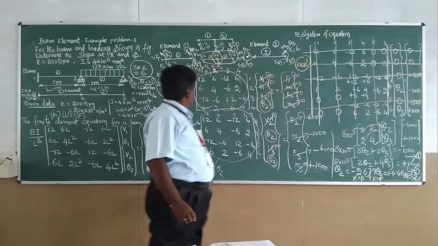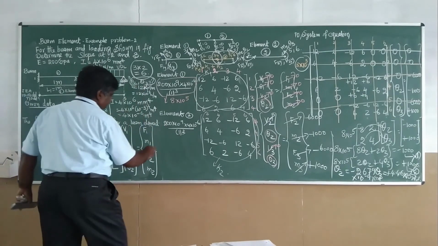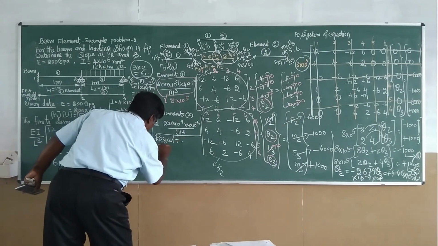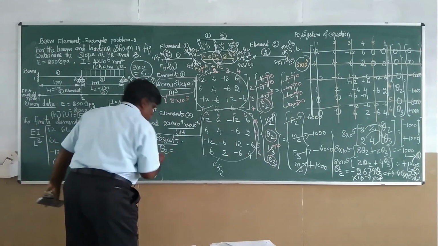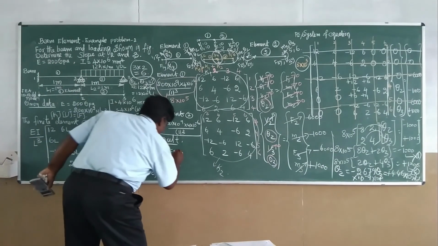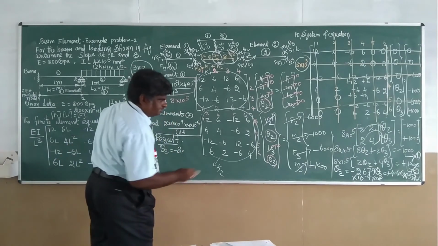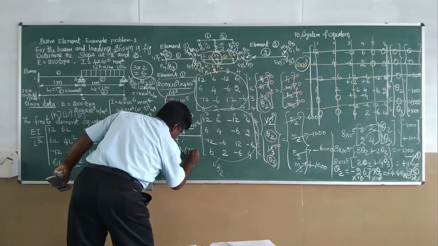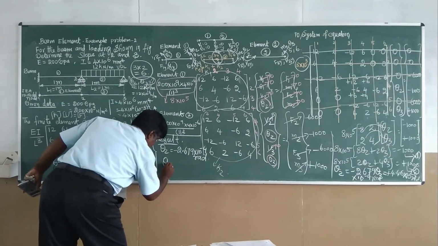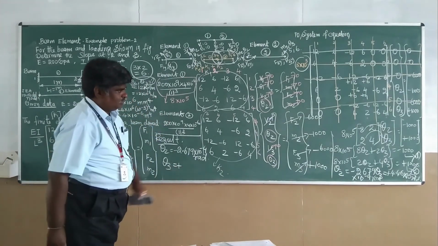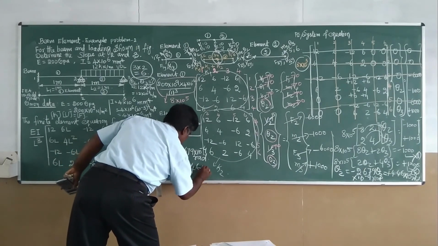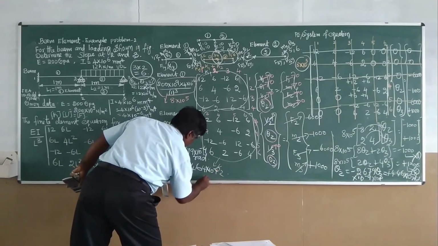You have obtained the final result. The slope or rotation at nodal point 2 is minus 2.679 into 10 power minus 4 radian. Theta 3 is plus 4.464 into 10 power minus 4 radian.